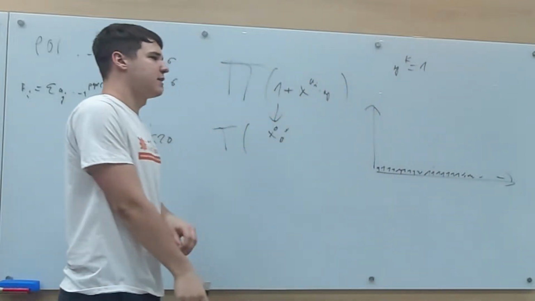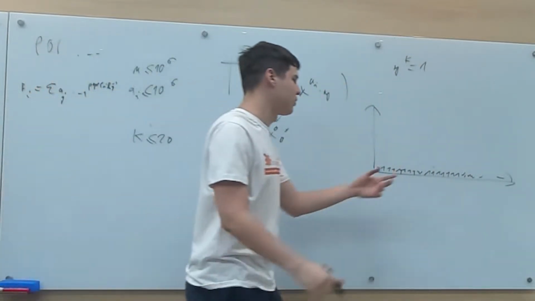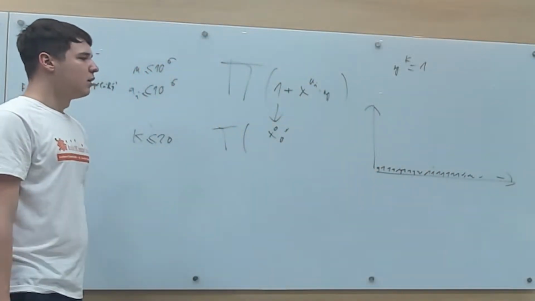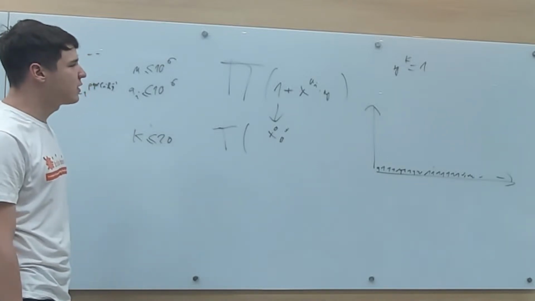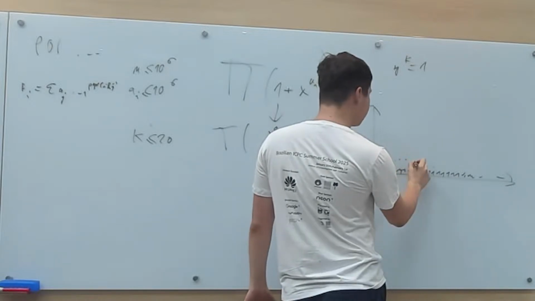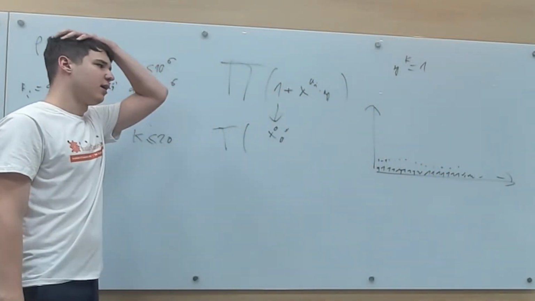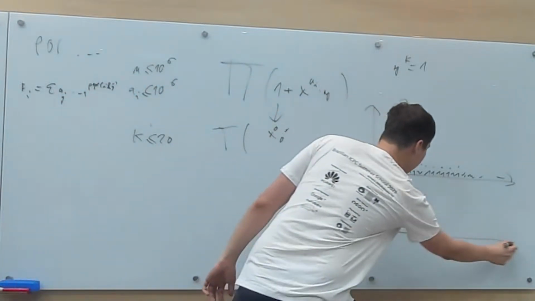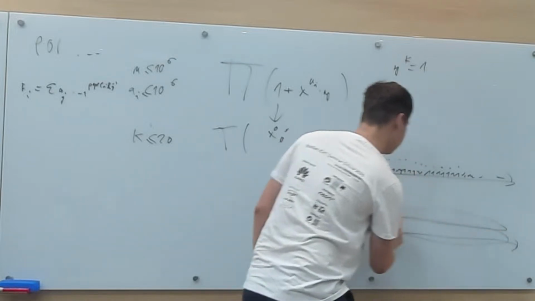Okay? And now we need to think about what happens with this y. This is actually the tricky part. What happens with this y is that there are ones in some places and minus ones in others. For a moment, let's think about how our final product will look.